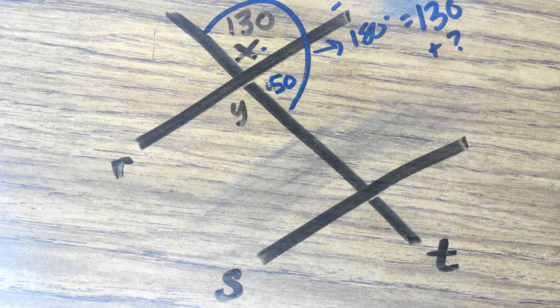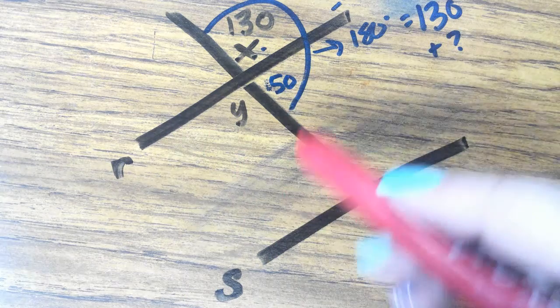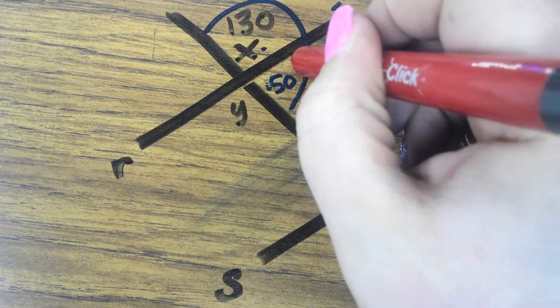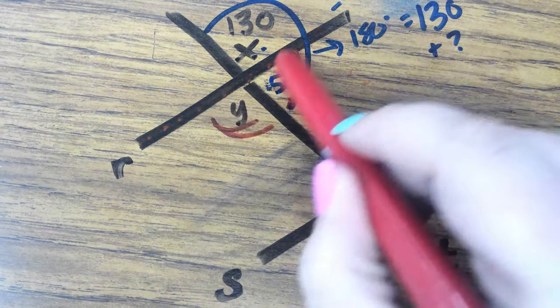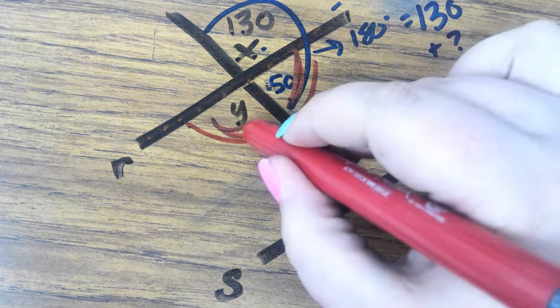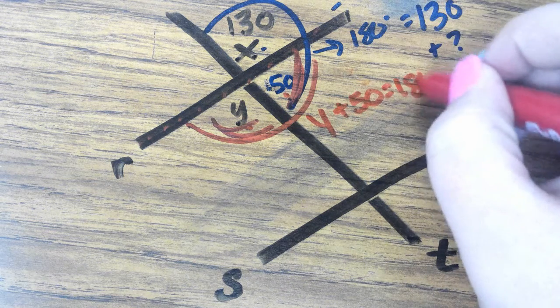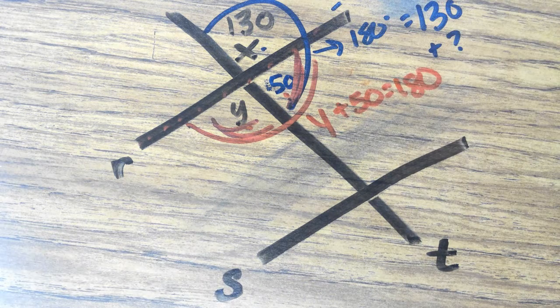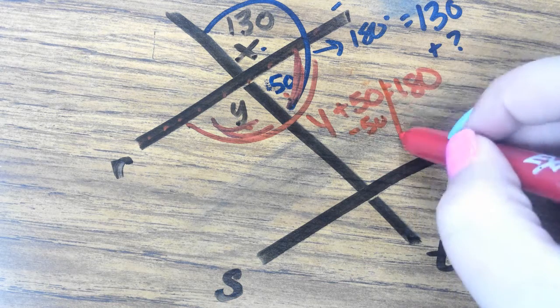So how can I prove to you that I know angle Y is 130 degrees? Well, I know that this angle and this angle make a straight line on R. So angle Y plus 50 should be 180 as well. If I wanted to get Y all by itself, I could subtract 50 from both sides.